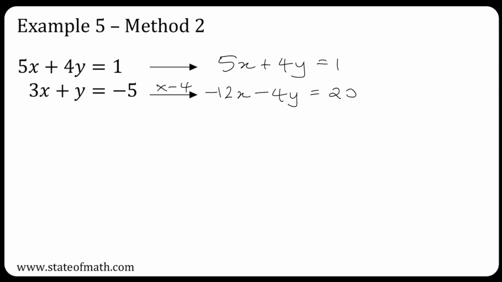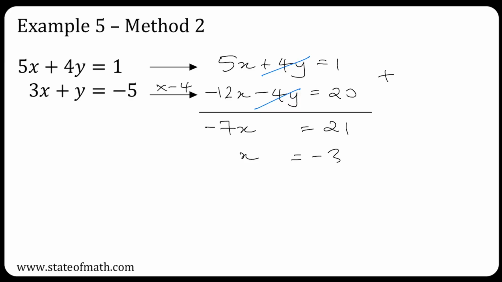So now I will add the two equations. The 4y and the minus 4y will cancel out. On the left, I'll get minus 7x. On the right, I'll get 21. Like before, x is minus 3. And then substitute to get the value of y, which comes out exactly like before, which is y is equal to 4.